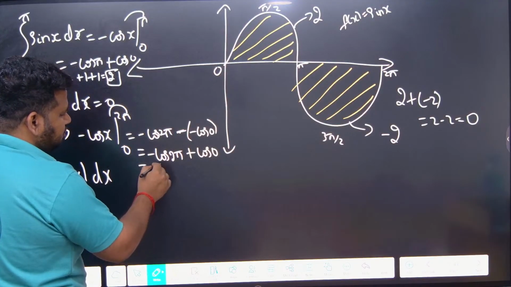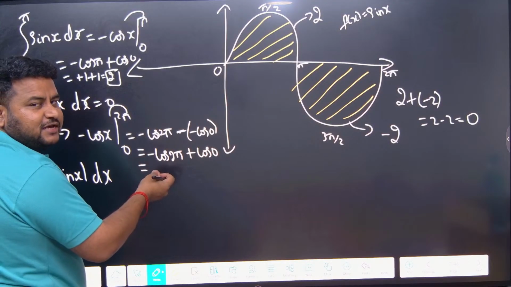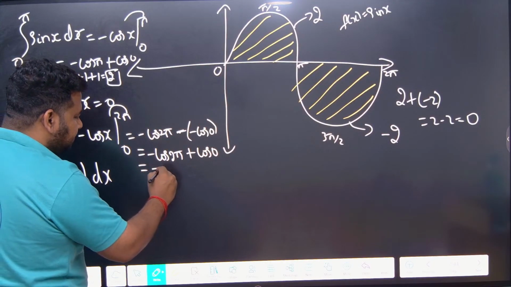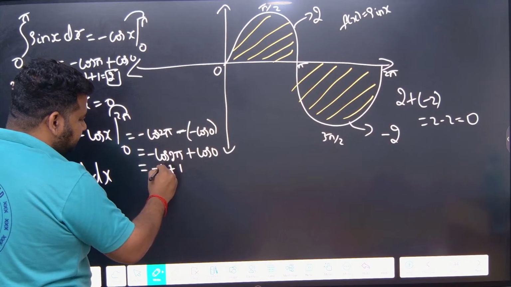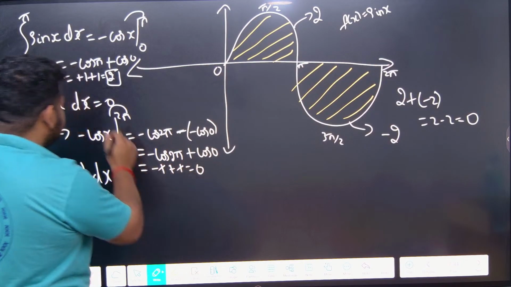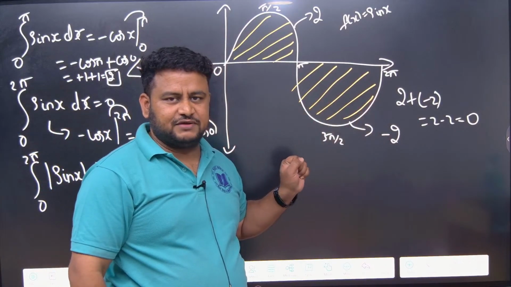Cos 2 pi, 2 pi is an even multiple of pi, and cos of an even multiple of pi is plus 1. So this becomes minus 1. Cos 0 is 1. Minus 1 plus 1, the answer will be 0. So that's what we got here. Graphically we got the value as 0.